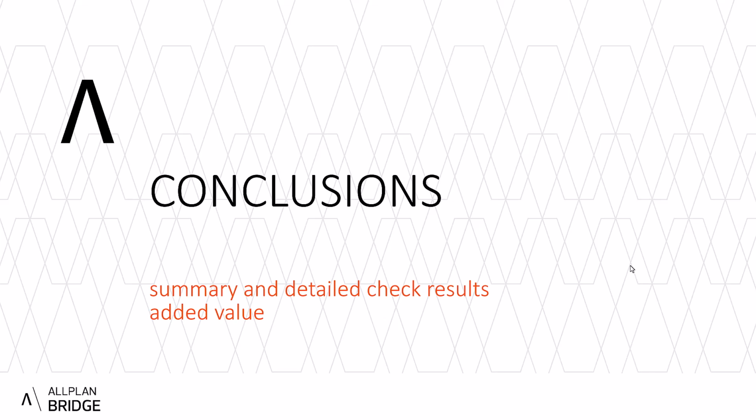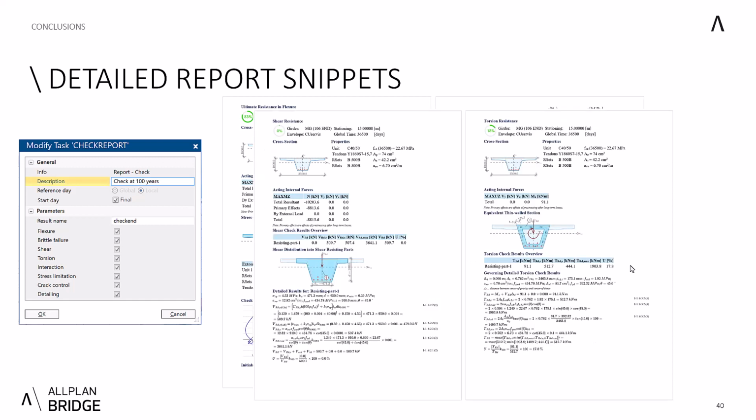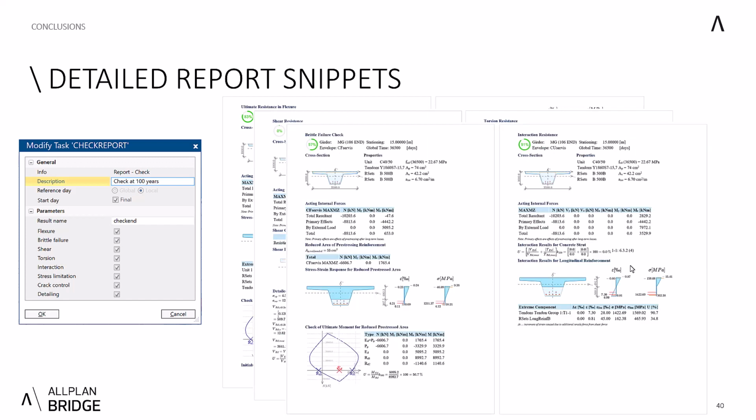Finally, we highlight the added value of Allplan Bridge code-based design. Allplan Bridge allows to run the task check report in order to generate detailed report snippets in Microsoft Word. A separate snippet with governing results is generated for the flexure, shear and torsion, brittle failure, and interaction checks.